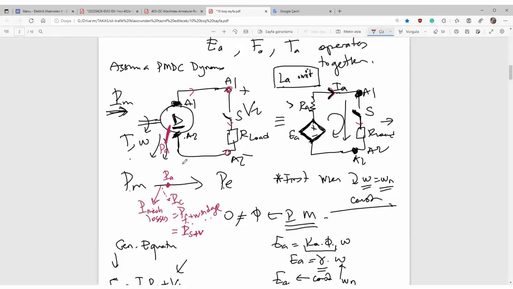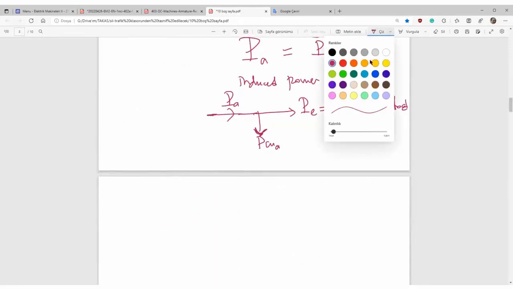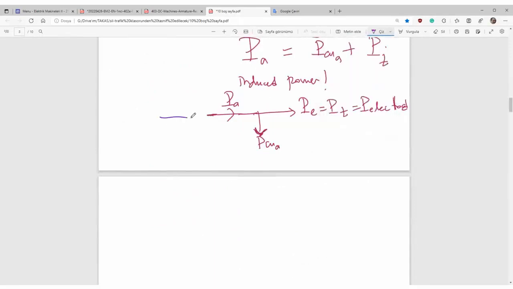So let me make it more clear. Here is applied mechanical power. Here are mechanical losses. And here would be core losses, in the armature especially, and pole tips.